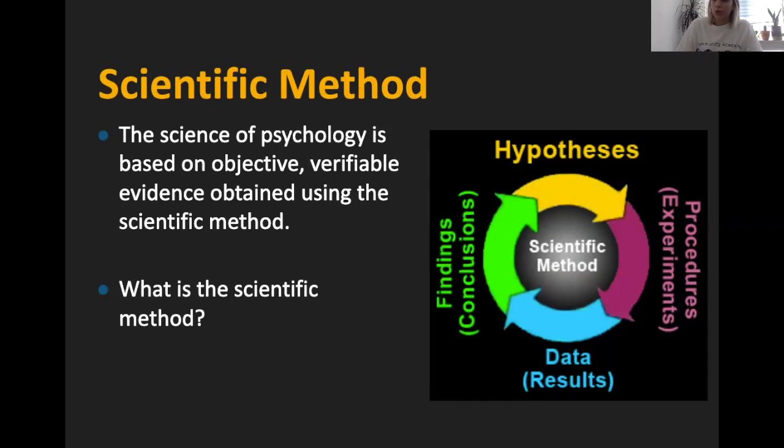Then we go through experiments or procedures and gather data and analyze that data to find conclusions. And from those conclusions, we are able to gather more information to create new hypotheses.